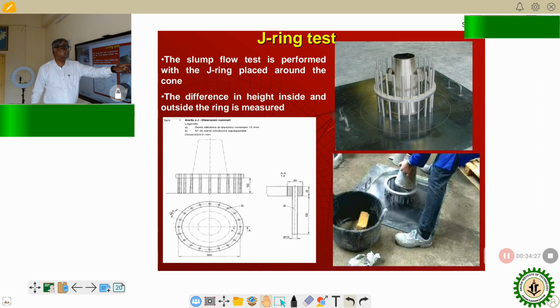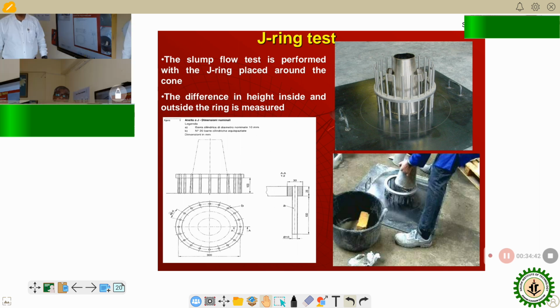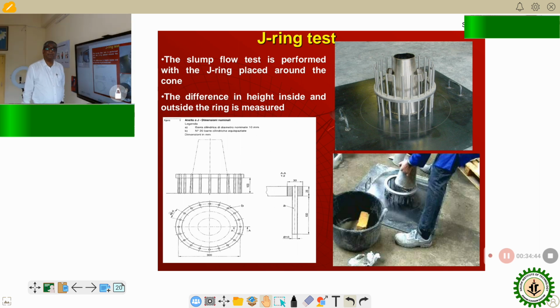Obviously, reinforcement will provide some resistance to flow. So you will not get the same diameter which you got in the first test. Maybe some smaller value, and that will give you a very clear idea about your concrete flowing through the reinforcements.